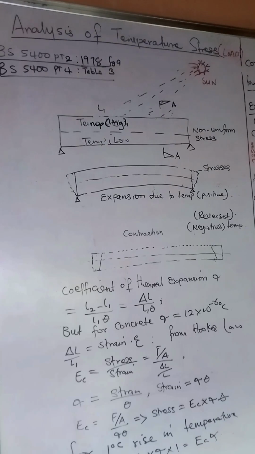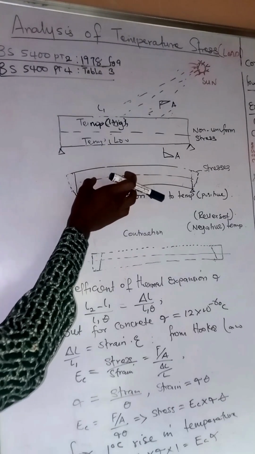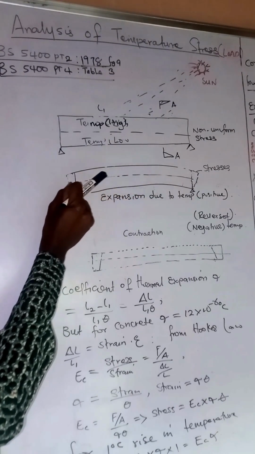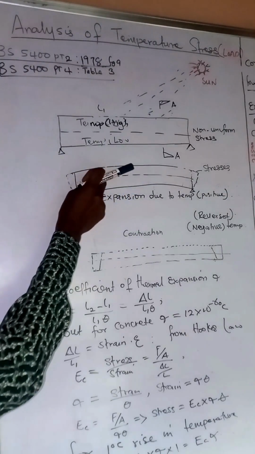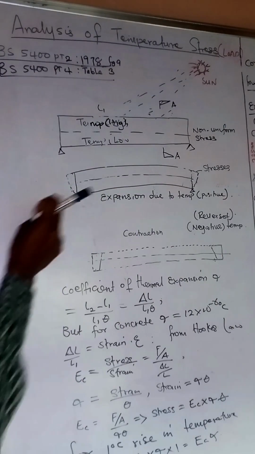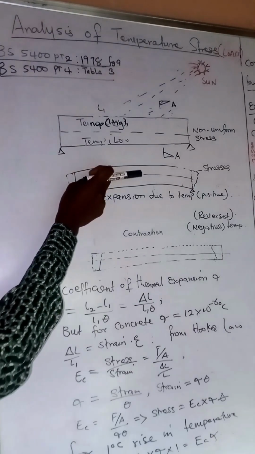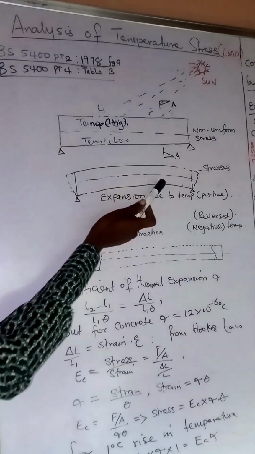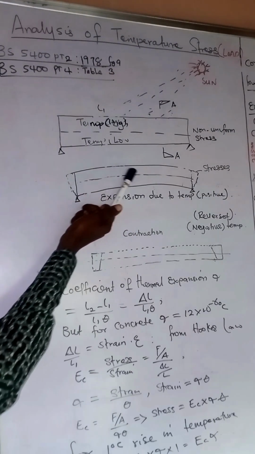Okay. Now we look at what happened in this place. We discover that when the heat energy from the sun is transmitted into the concrete structure, we're going to have some level of expansion, and the expansion is not going to be uniform, like you've seen. I've drawn it on the board. You can see that we're having some kind of curvature at the very top of the structure.